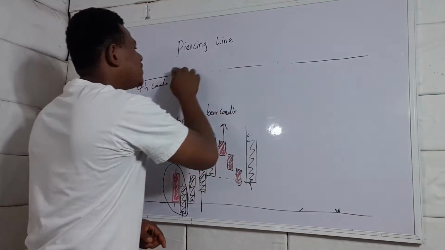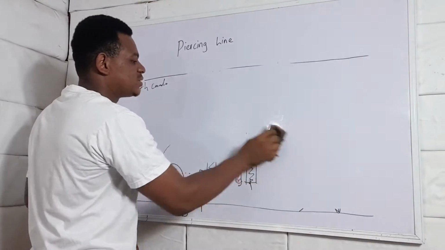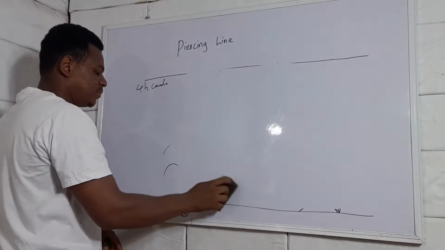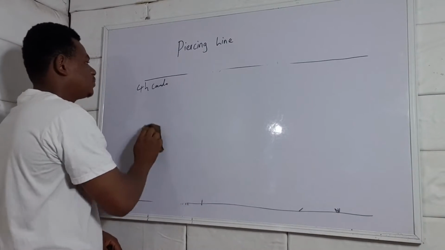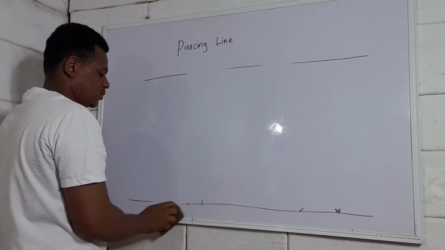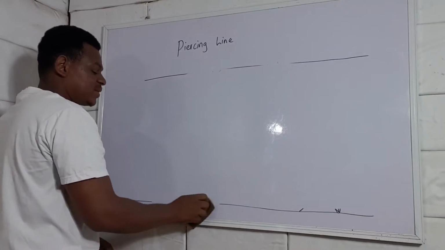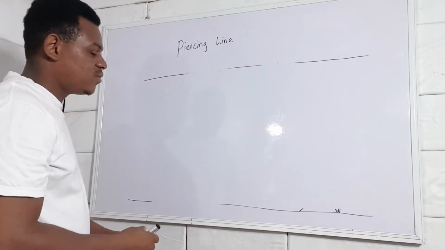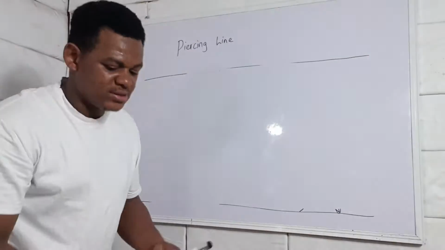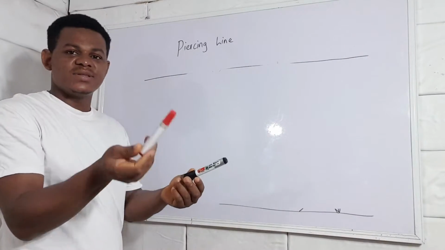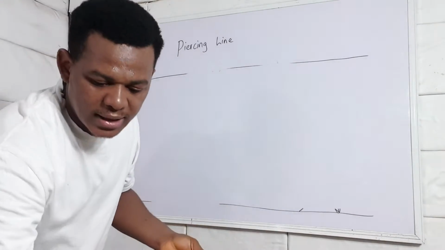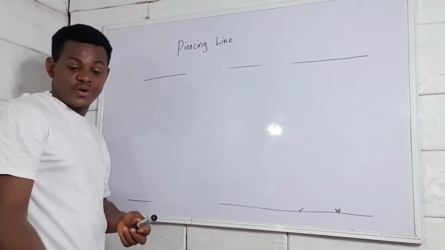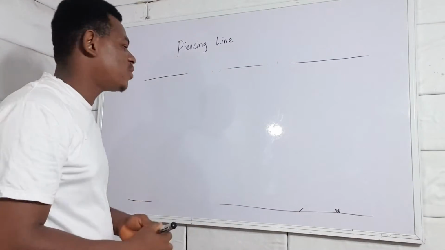It's the same thing as the Pearson line, but they are different patterns that do the same work, just like these different markers. This one is red, this one is black, and we have a green marker also, but they do the same work.